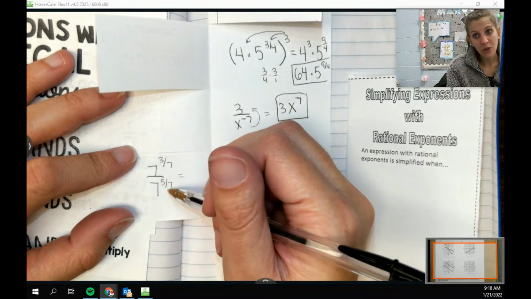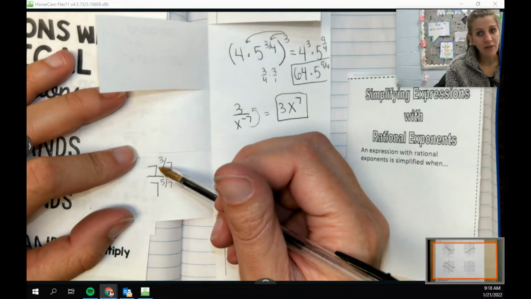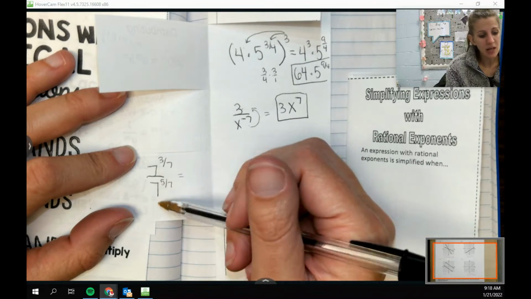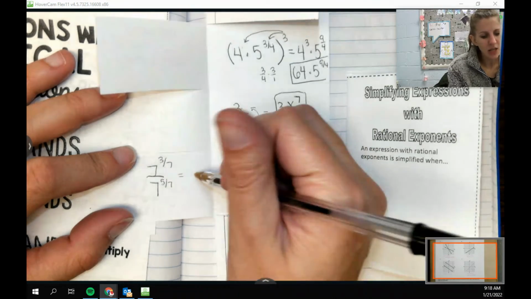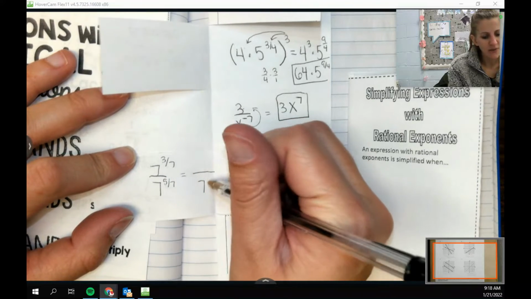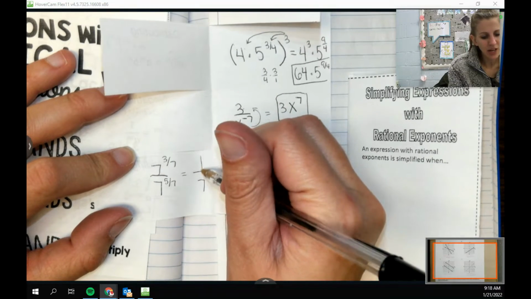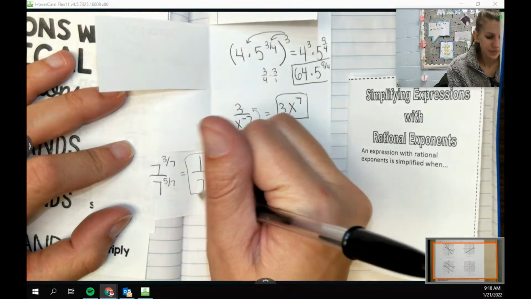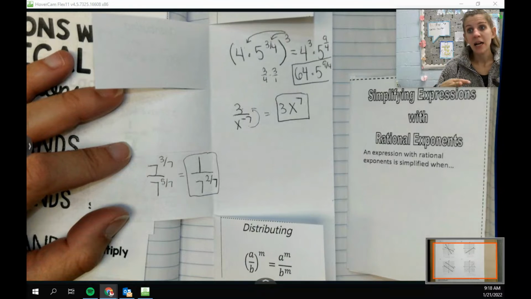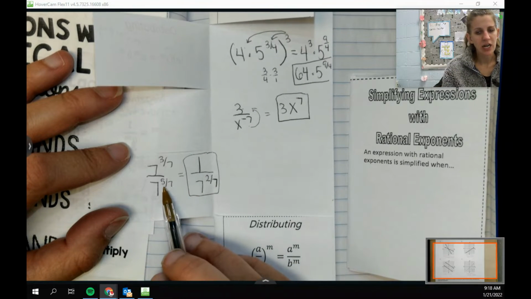And so really we're 2/7. And I'm going to put that wherever the larger exponent was. So 5/7 is larger than 3/7. So your 2/7 is going to stay at the bottom, which means you just have to have a 1 placeholder at the top.